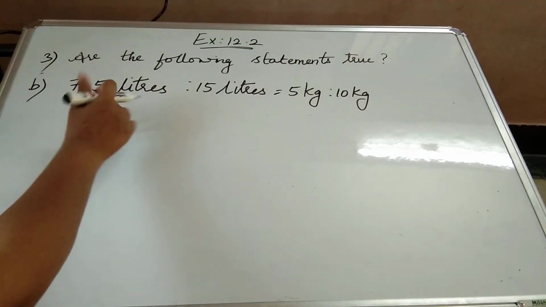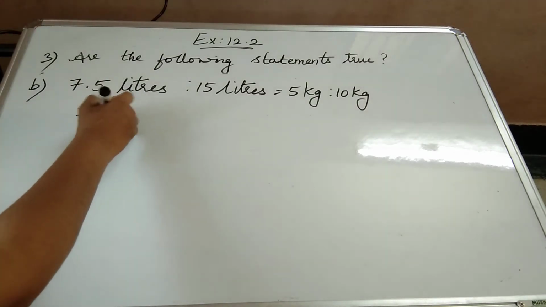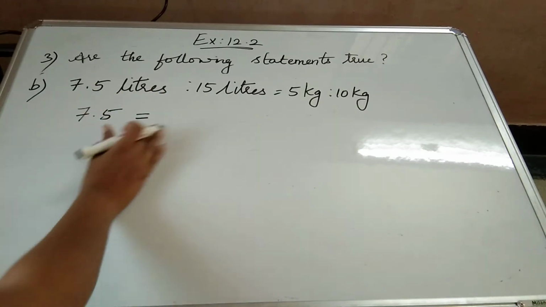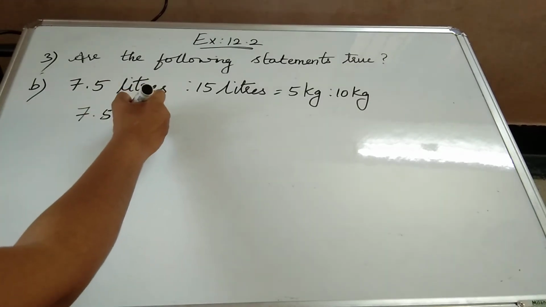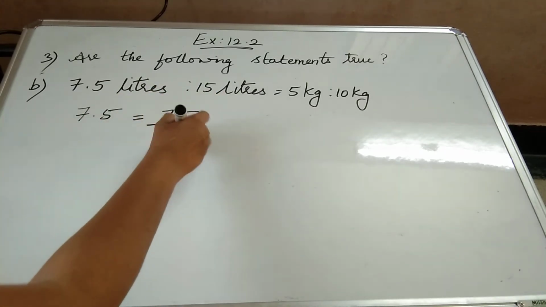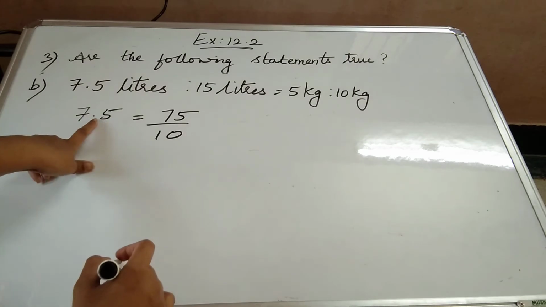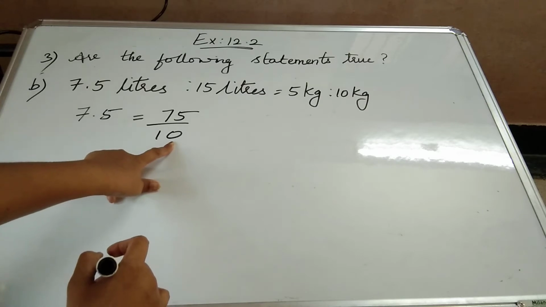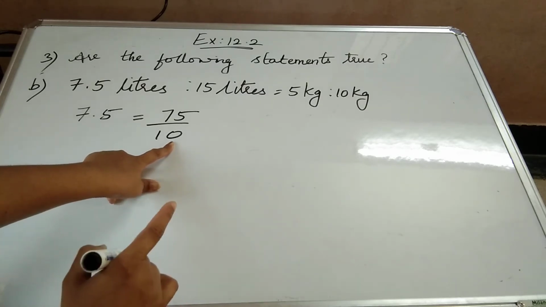So 7.5 liters, 7.5. Can I write it as 75 divided by 10? The decimal point is before one number, so 10 in the denominator. So 75 divided by 10. Clear, children?